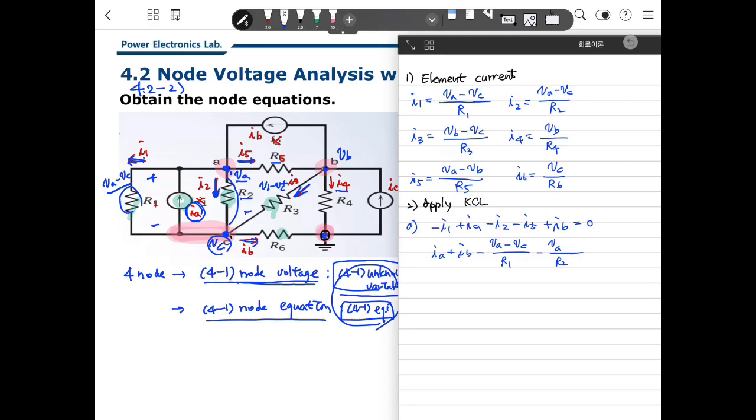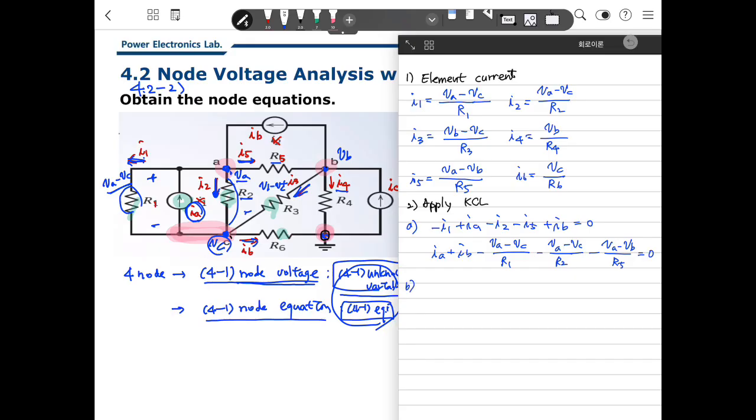That's the reason we should choose exactly similar names. And I5 is (VA minus VB) over R5, and IC will be 0. That is now the first KCL node equation.